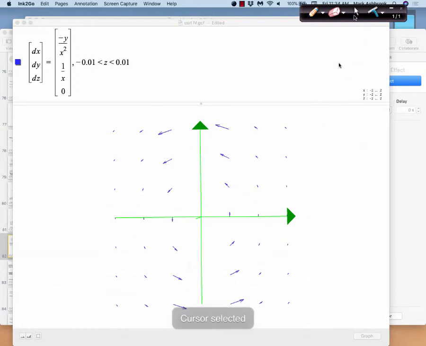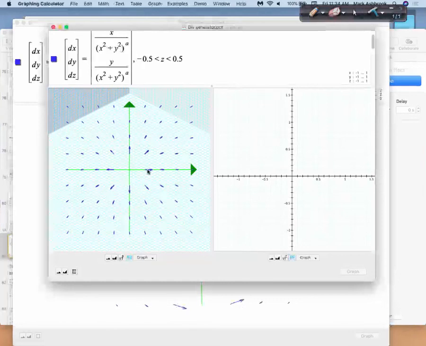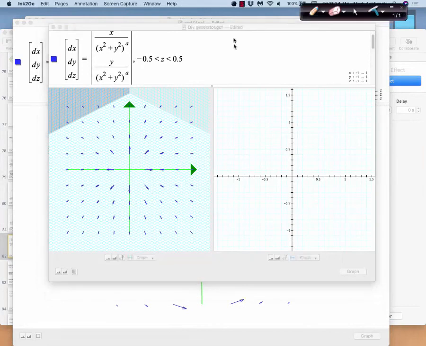Let's look at this one. Right there is this vector field, which is x over x squared plus y squared, y over x squared plus y squared.